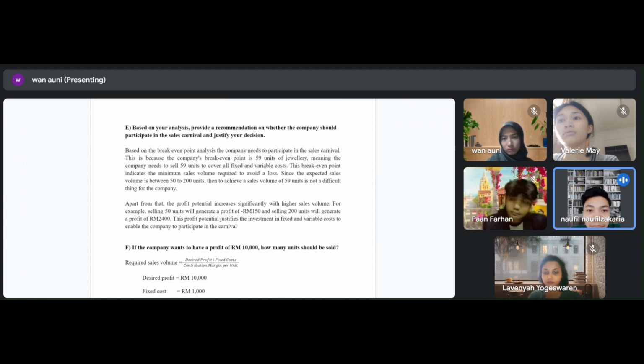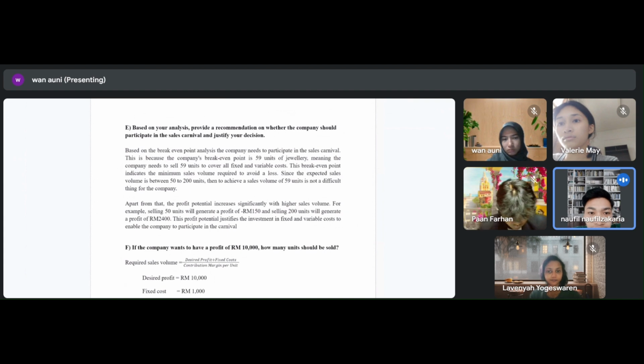This break-even point indicates the minimum sales volume required to avoid a loss. Since the expected sales volume is between 50 to 200 units, achieving a sales volume of 59 units is not difficult for the company. Apart from that, the profit potential increases significantly with higher sales volume.